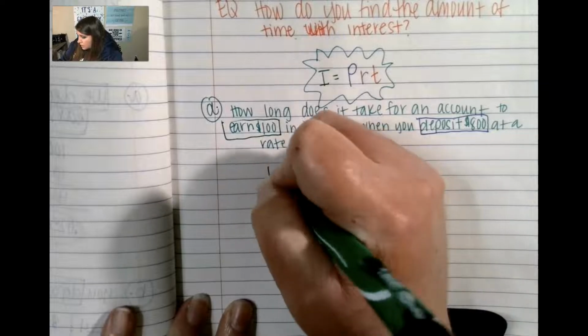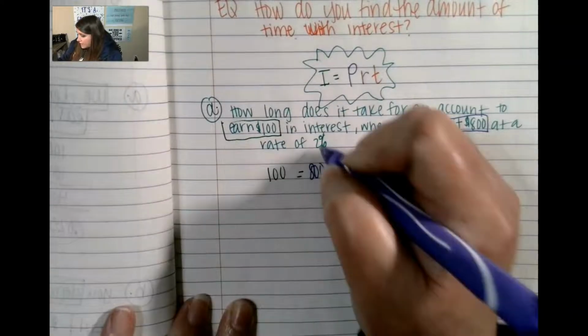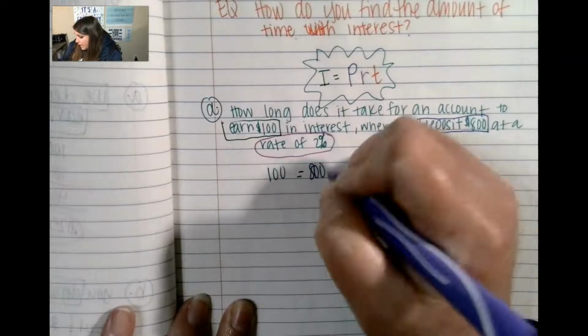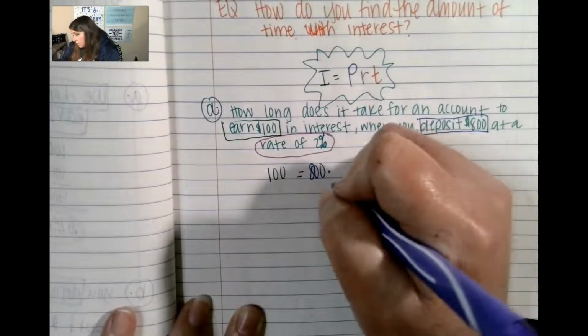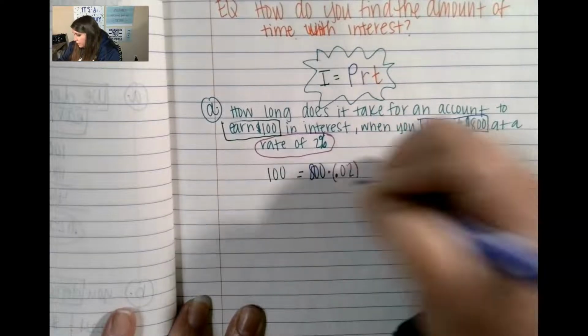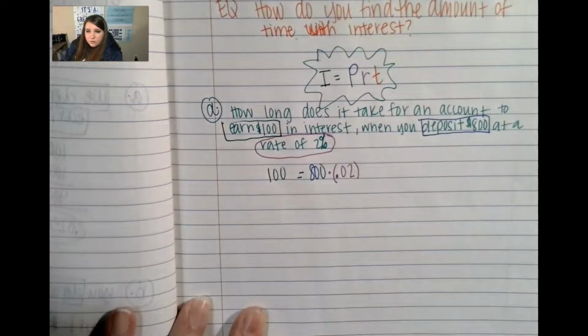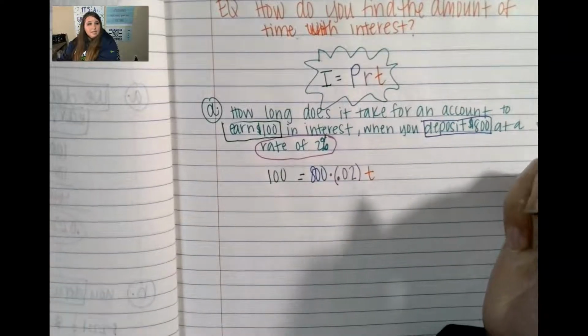So our interest is going to be $100. Our rate is 2%, but we know we have to turn this percentage into a decimal. So 0.02. And then we are solving for T. We don't know how long it's taking.